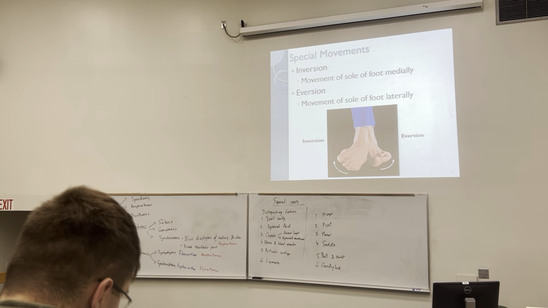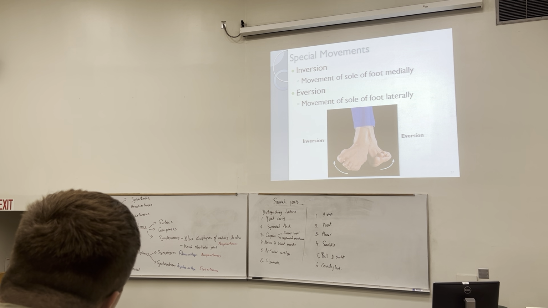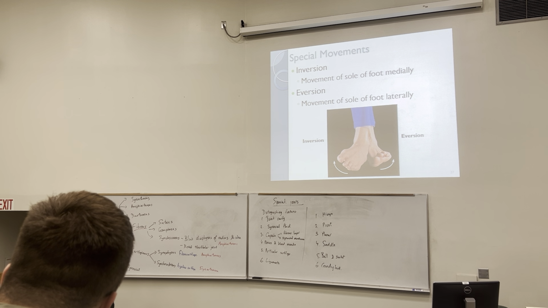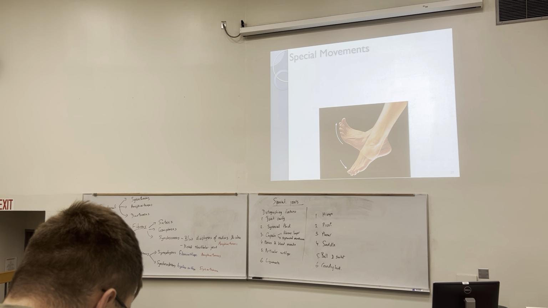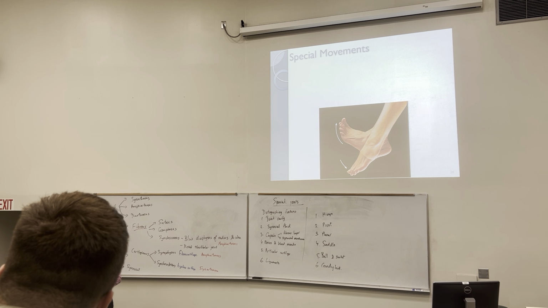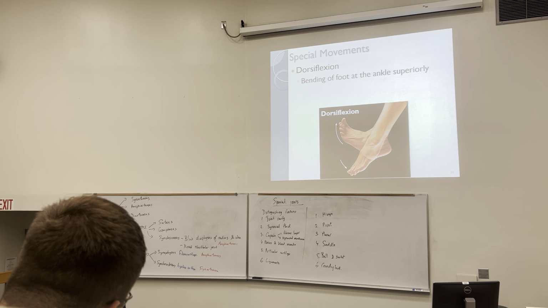And then the foot itself has another movement as well. Toes up, toes down. What's the top of our foot called? Dorsal surface, right? Both are flexion, by the way. It depends on the angle we're looking at. Dorsiflexion is toes up, so the dorsum of the foot is where we're flexing towards.